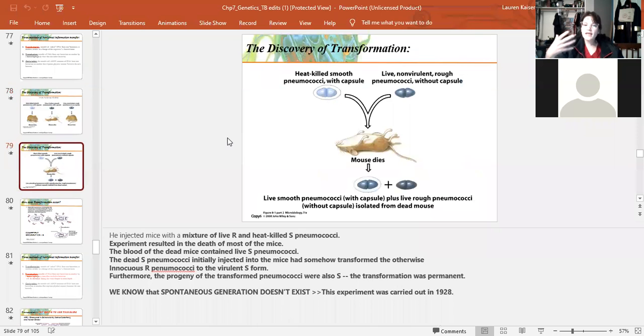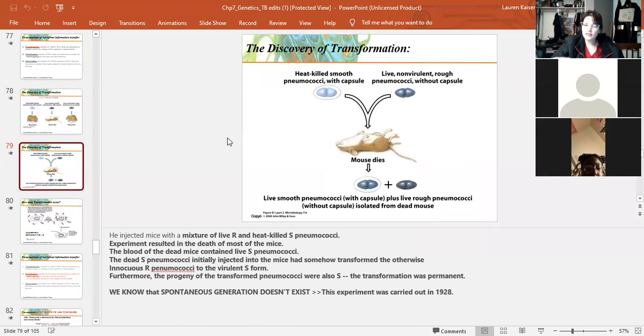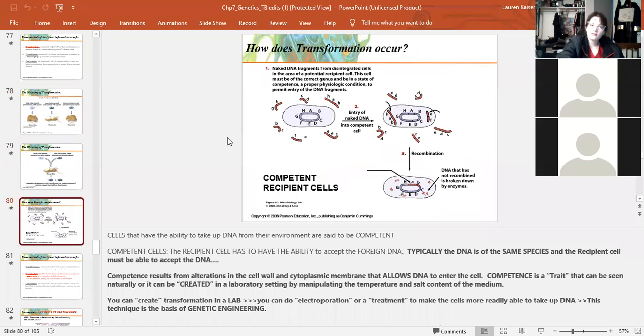It wound up making those bacterial cells inside of the mouse with the live non-virulent rough pneumococci without a capsule. So these 2 bacterial forms were found because some took on the genetic information of the heat-killed and some did not. But these were both isolated from the mouse, which is very interesting.